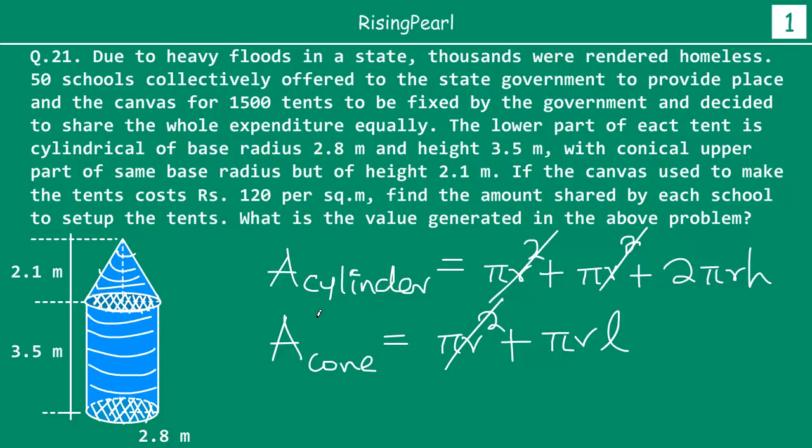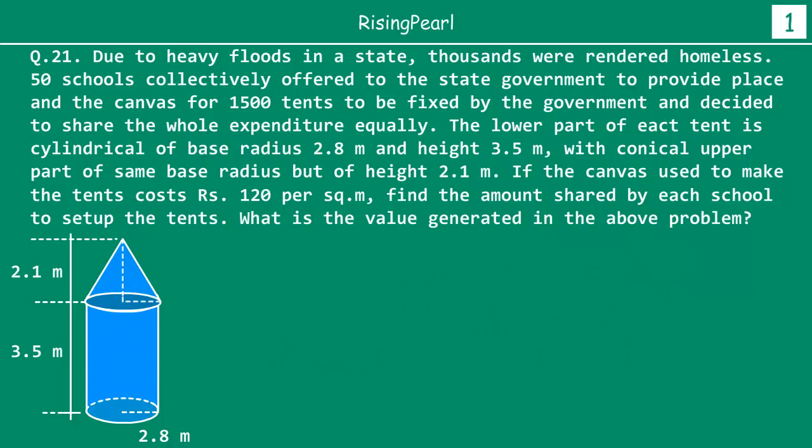In other words, the area of the tent will be equal to the curved surface area of the cylinder, which is 2 pi r h, plus the curved surface area of the cone, which is pi r l. We add these two to find the area of one tent. Let's write it in an abbreviated fashion.